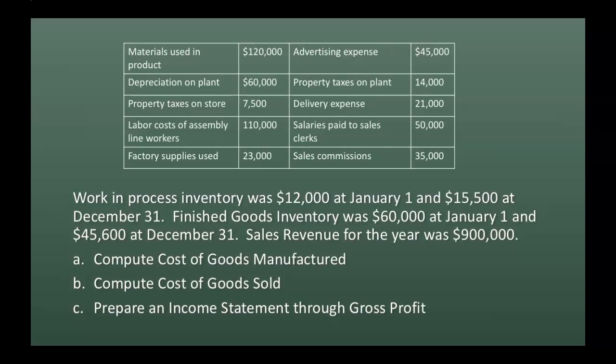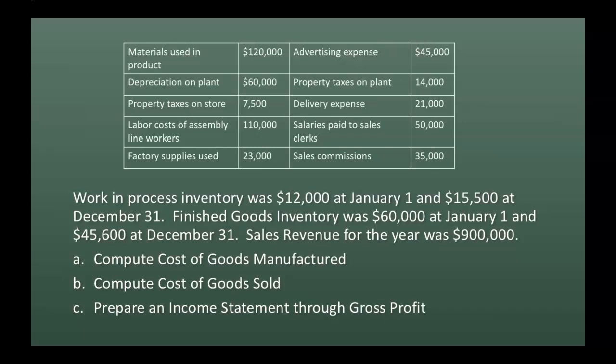So before we go into all of that, let's look back up at the top with all of our different costs. And we can separate this into direct materials, direct labor, manufacturing overhead, or a period cost. Right? So a period cost is anything not associated with the production of the product itself.